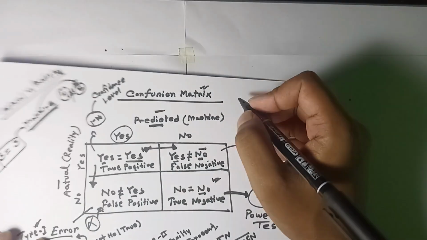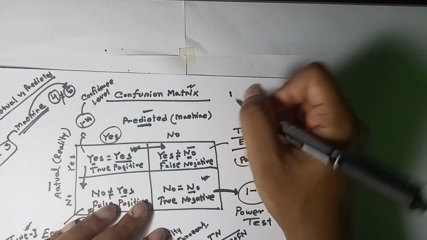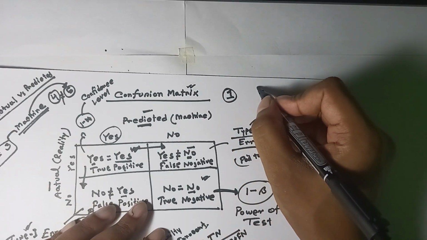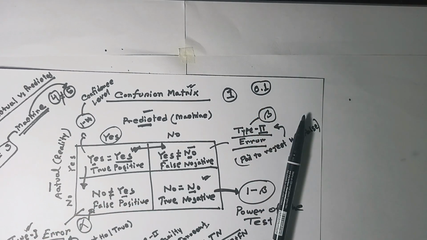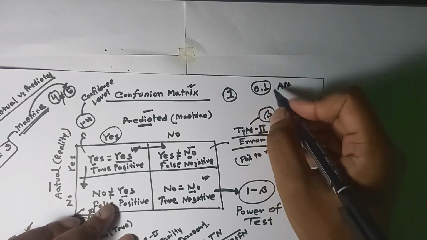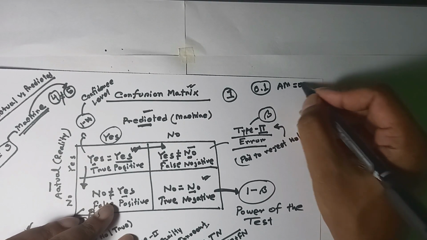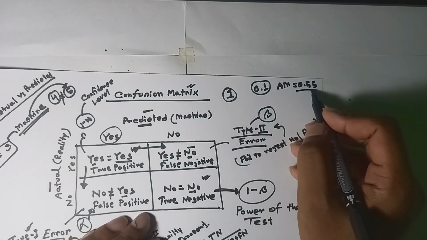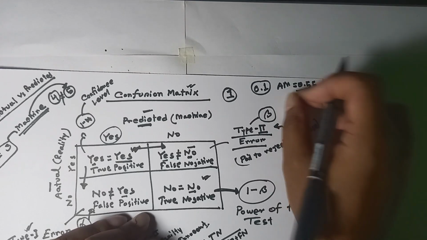Suppose I have two observations: observation 1 and observation 0.1. If you calculate the arithmetic mean, which is basically the average of these two numbers, you will find 0.55. This gives you a very good score. But is it a good score?